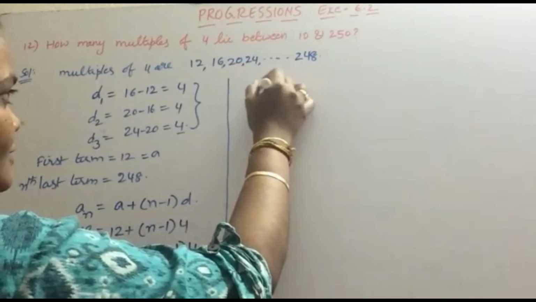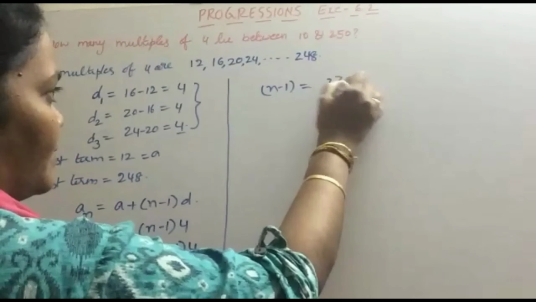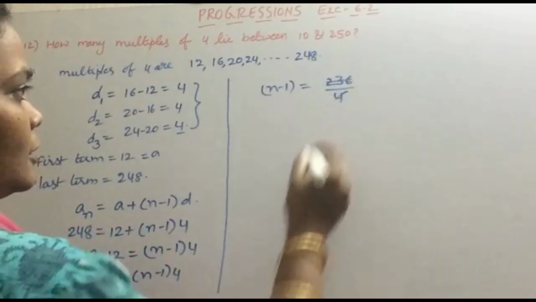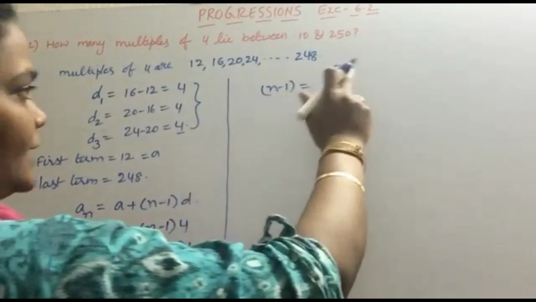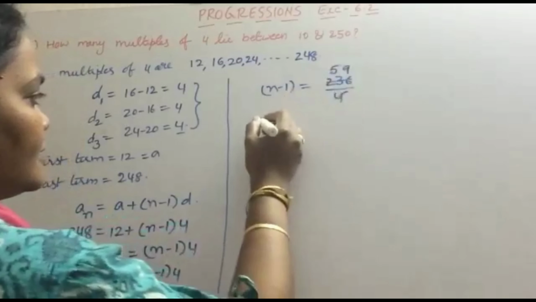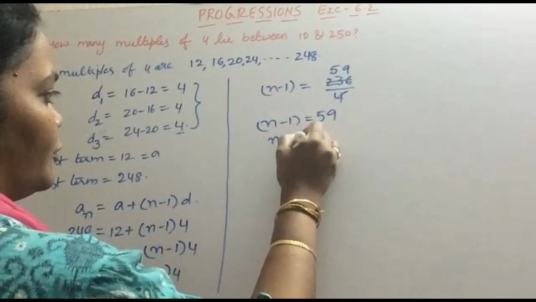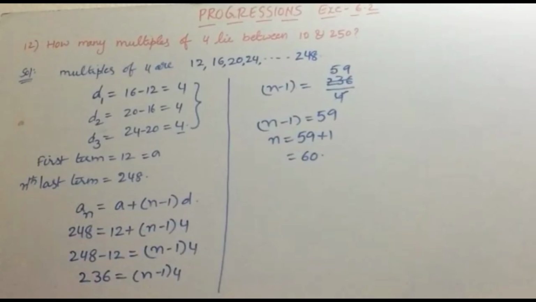Now n minus 1 equals 236 by 4. 4 nines are 36, so n minus 1 is equal to 59. n equals 59 plus 1, that equals 60.